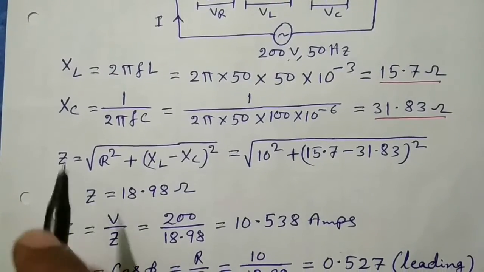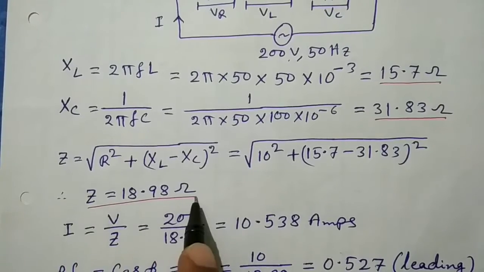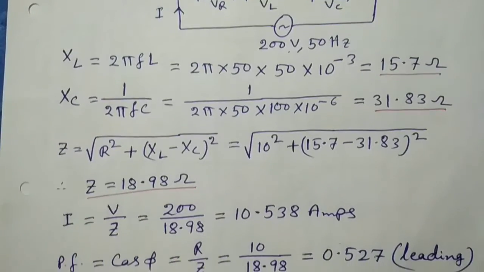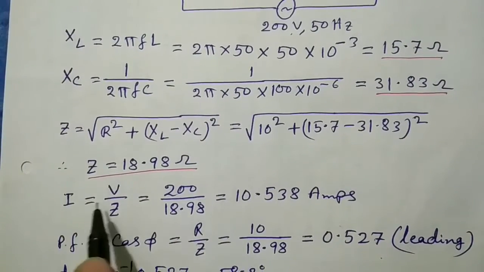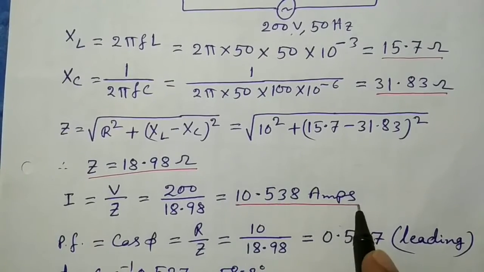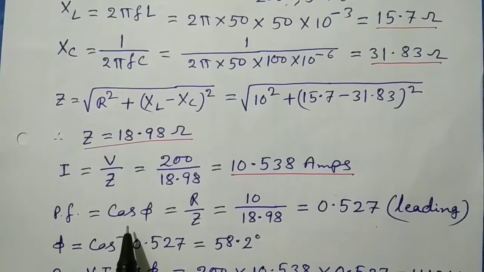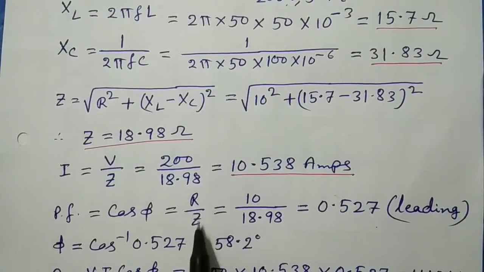Now by using the impedance formula we have calculated the total impedance of the circuit. Then the current, that will be voltage upon impedance. So you have got the current in the circuit. Next is the power factor cos phi. It is the ratio of resistance to impedance.